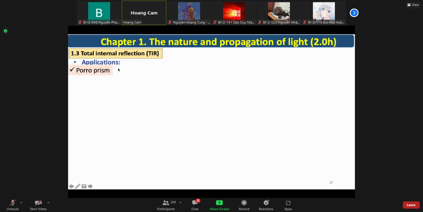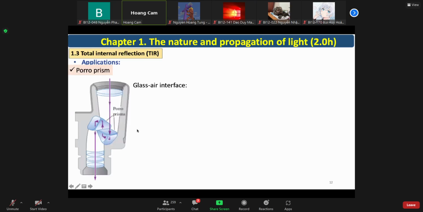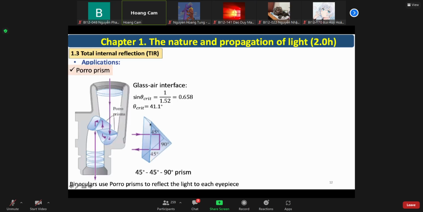First, we will discuss the Porro prism, which uses the TIR. This is the prism. Prisms normally have the triangle shape, and this one is a right triangle. For the Porro prism, we have the right triangle made of glass, and the surrounding is air.